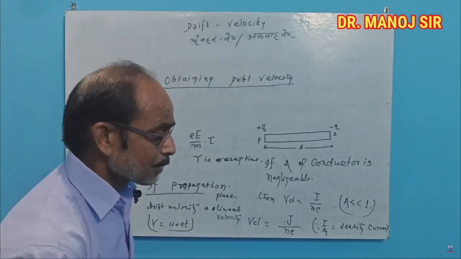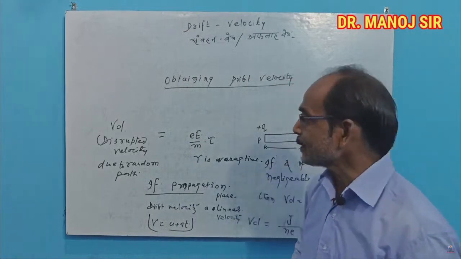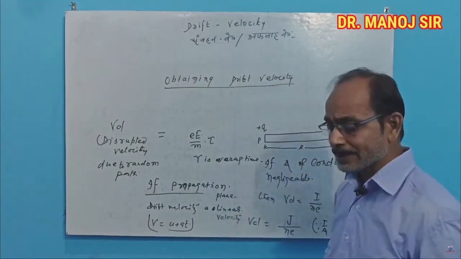Therefore, what is drift velocity and how can it be obtained?